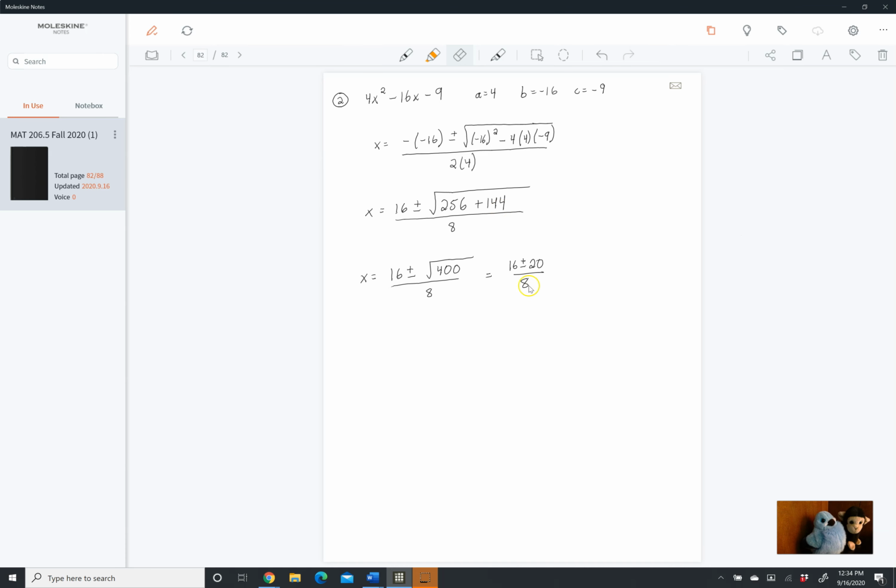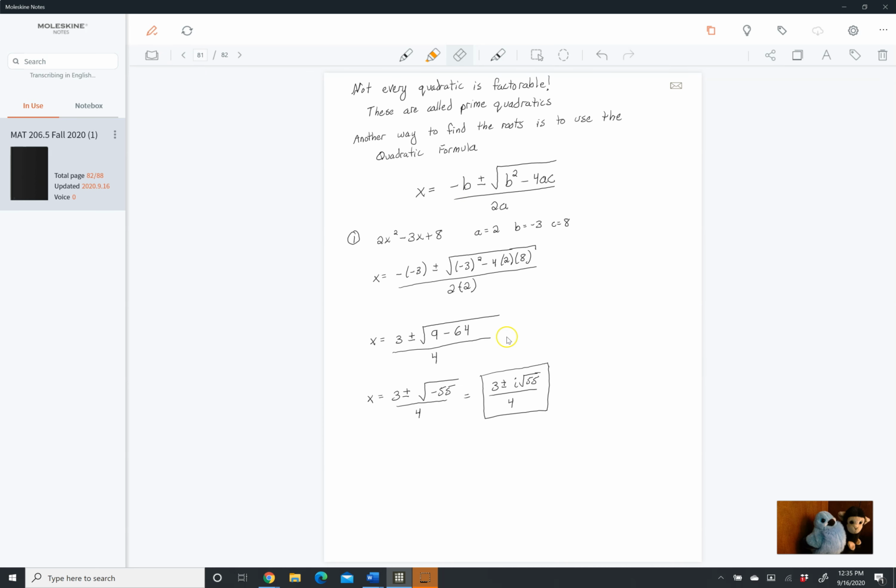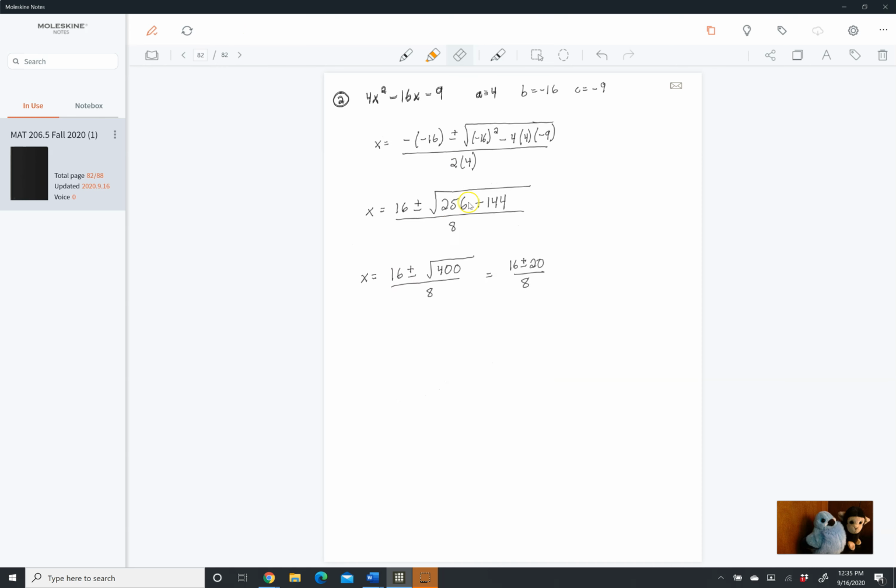Okay, so in this case, when you have all integers like this, you're not going to leave it like this even after you reduce it, because everything is divisible by 4 there. Here you could leave it like this because there's no reason to write it as separate roots when you can't do any other reducing, right? The 3 and the I root 55 cannot be added together because one is real, one is imaginary. Here we can add these.